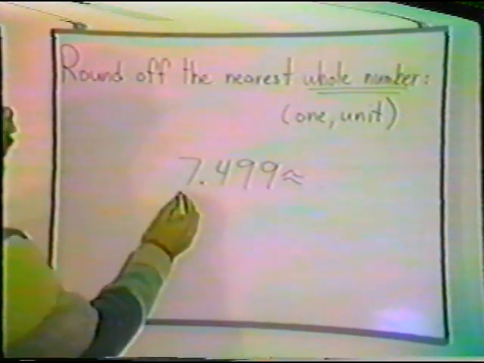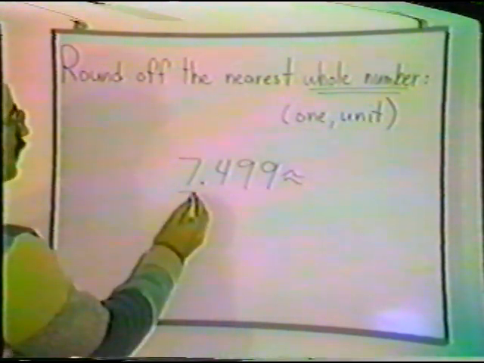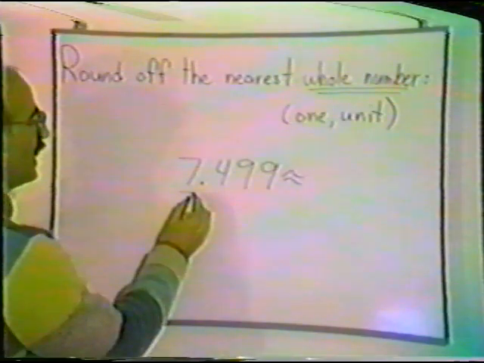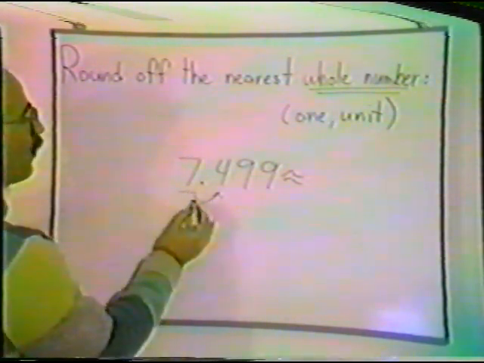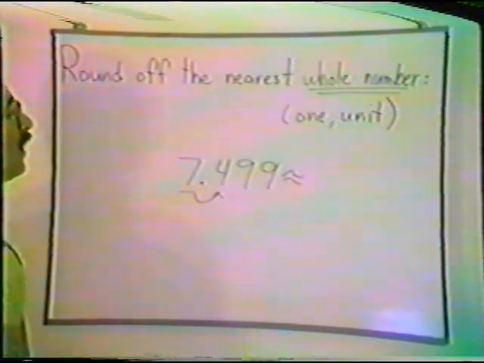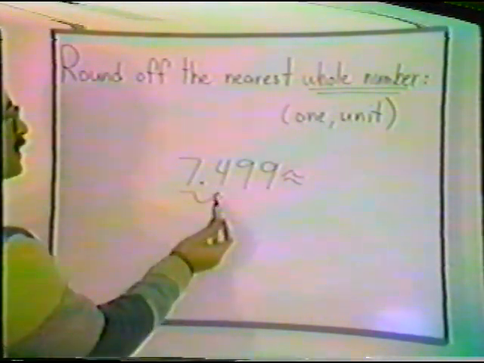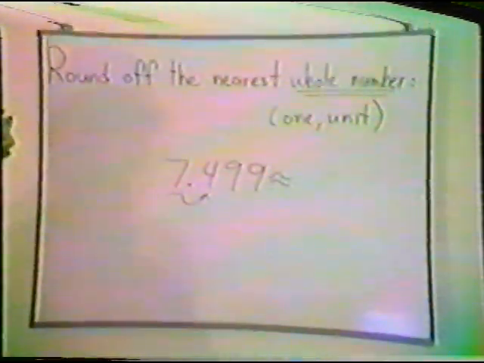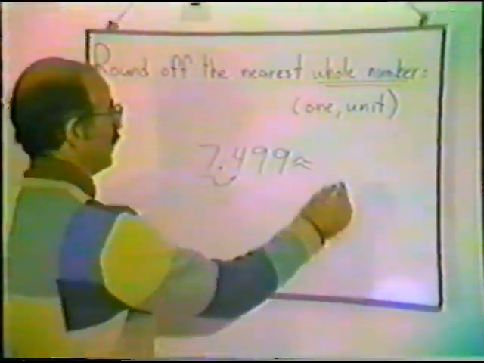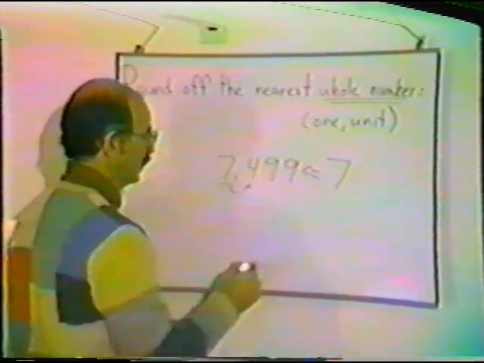And what number is in the tenths place that's right next to it? 4. So we point our arrow to the 4. The 4 tells us that what happens to the 7? It stays the same. And so the answer is 7.